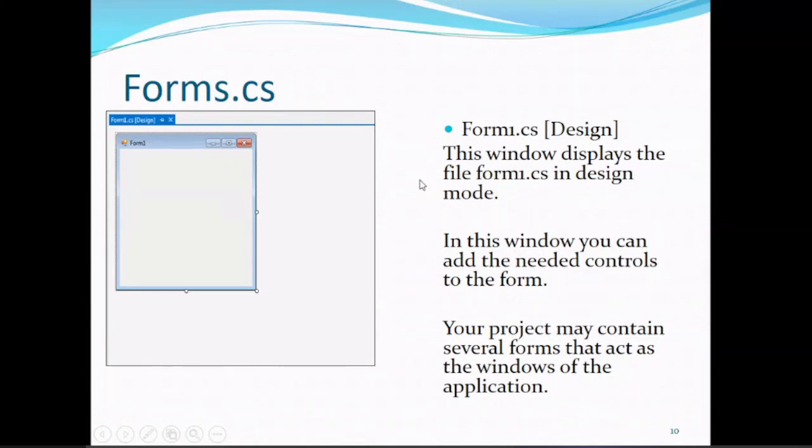This is the design part, and this window displays the file Form1.cs in the design mode. In this window you can add the needed controls to the form. From the toolbox only we have to drag and drop the controls in the designing form. Your project may contain several forms that act as the windows of the application.